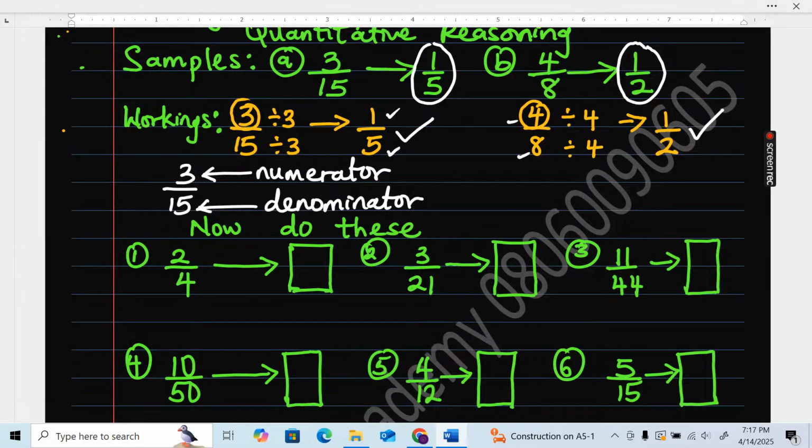Everybody will have to stop. 19, 18, 17, 16, 15, 14, 13.